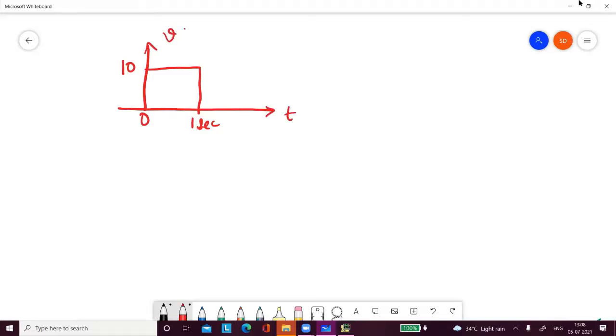Or you may select a different value, say this one: 0, 5, 10, say this is 0.5 millisecond and this is 1 millisecond. Okay, I am generating it, so tell me what the PWL will be.